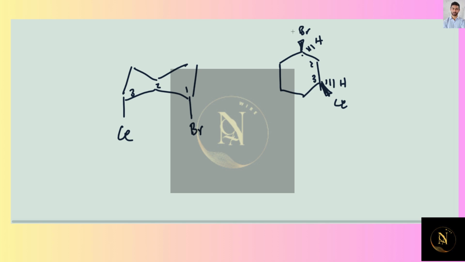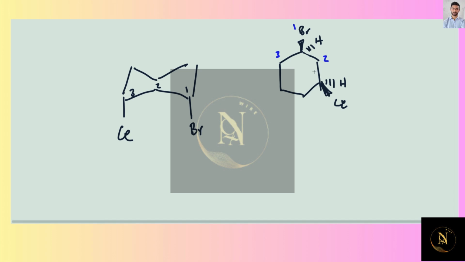Okay. So I'm going to start by labeling the priority of these various substituents. I see that bromine is the highest priority substituent on carbon 1. So I'll put a 1 next to that. The next highest priority is this carbon on the right because it's bound to a carbon that has a bond to a chlorine, whereas on the left, it's just a bond to a carbon with 2 bonds to hydrogen and 1 bond to carbon with 2 bonds to hydrogen.